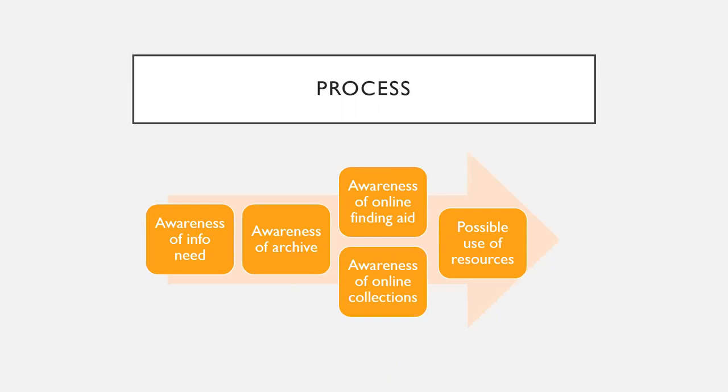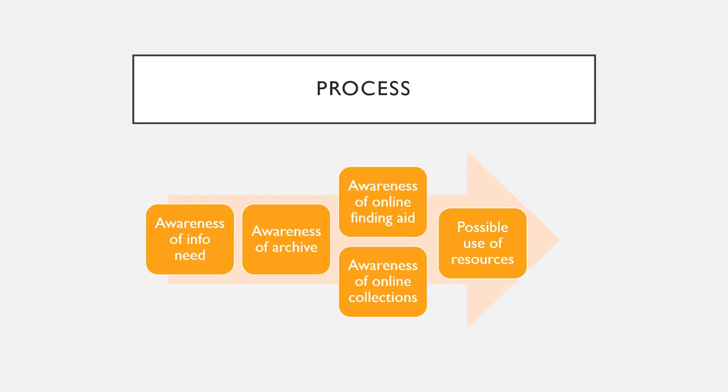It's interesting to talk about the general process that leads to the potential use of an online finding aid. So we have an awareness of an information need by a researcher. A researcher says, well, for whatever reason, I need to find this particular set of information.